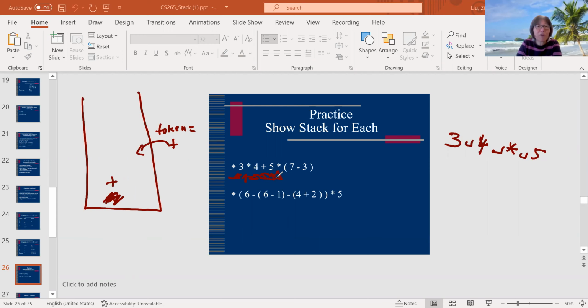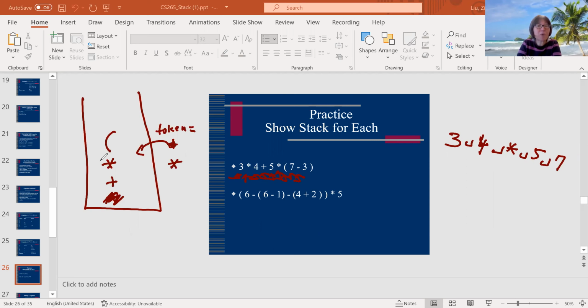And next is an operator. And then you need to compare with the top of the stack. Because it has higher precedence, you just directly push it to the stack, okay. And next is a left parenthesis. You just add it to the postfix. Next is 7, so add it to the postfix.